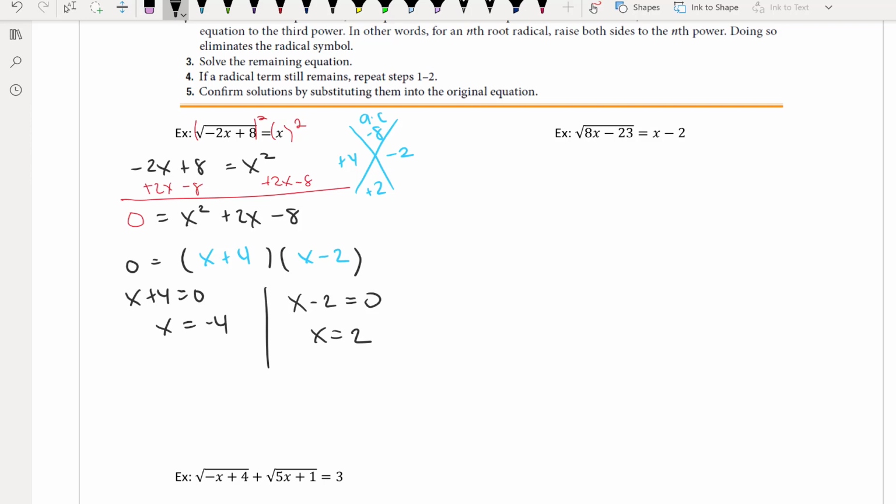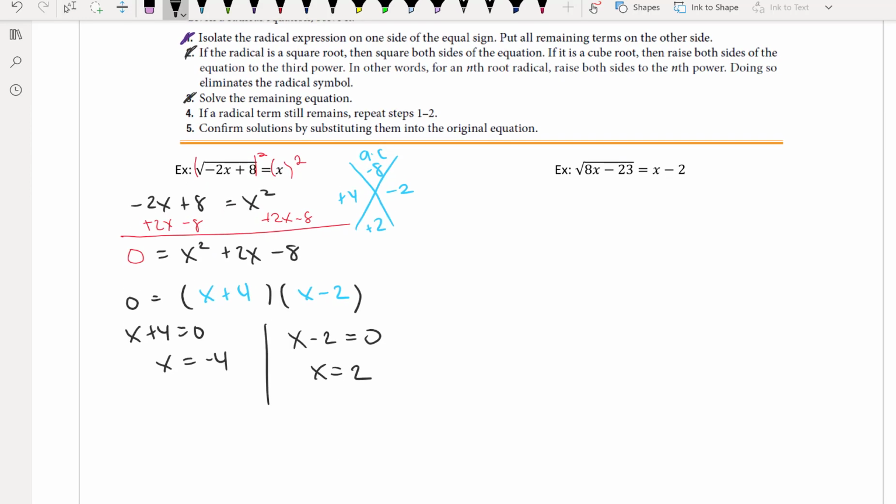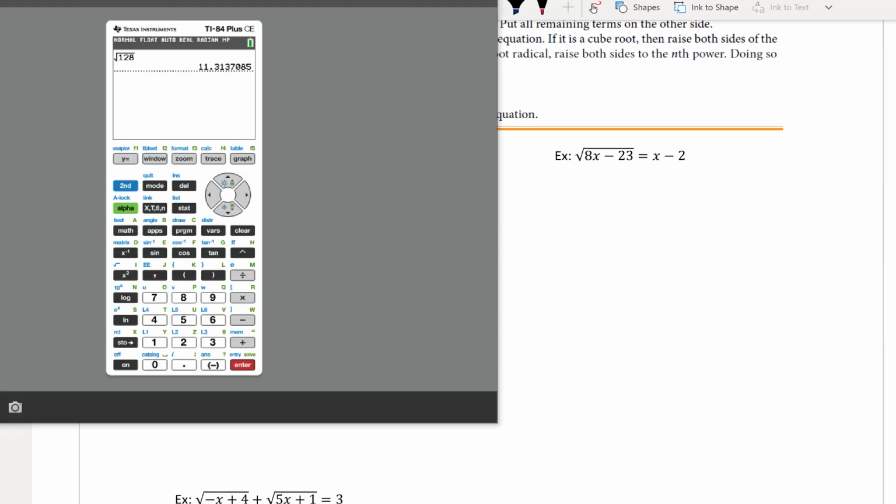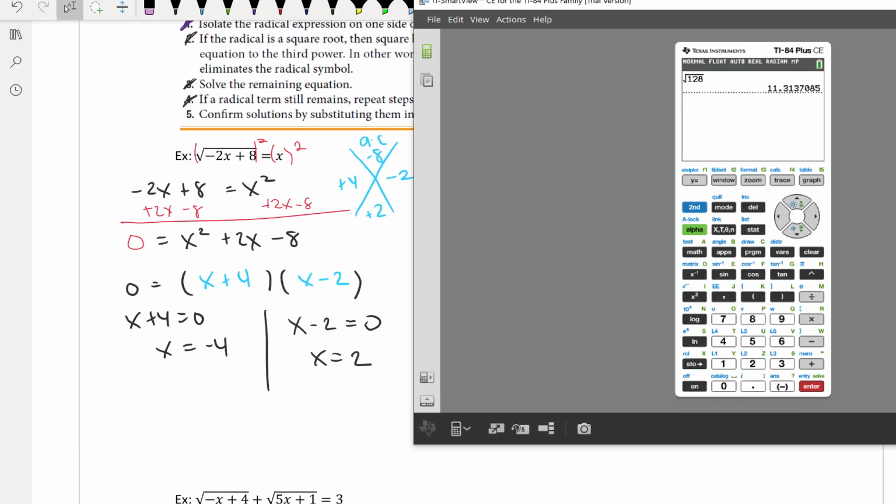And you always want to make sure that you check your solution in your original equation. So I solved it, and nothing repeated. So confirm solutions by substituting them into the original equation. That's step number 5. So if I have my calculator, here it is, I'm going to plug in that negative 4.